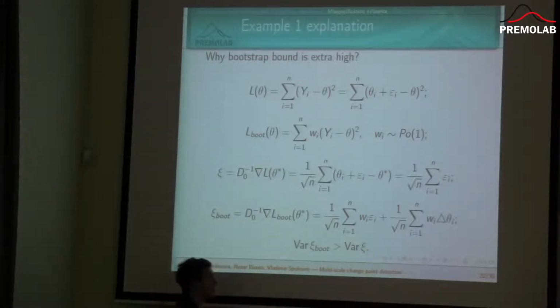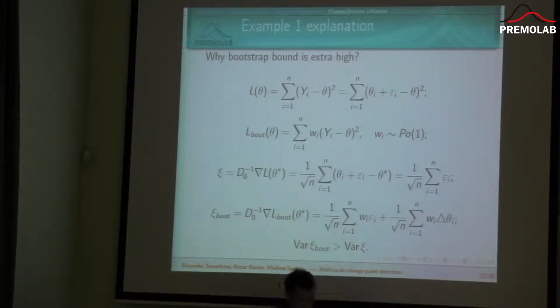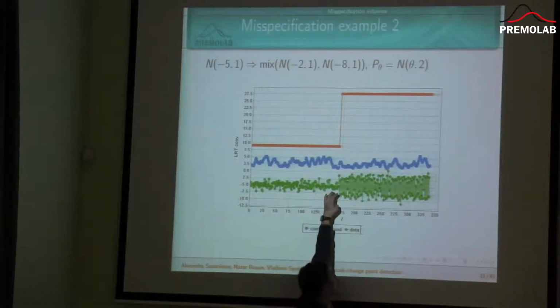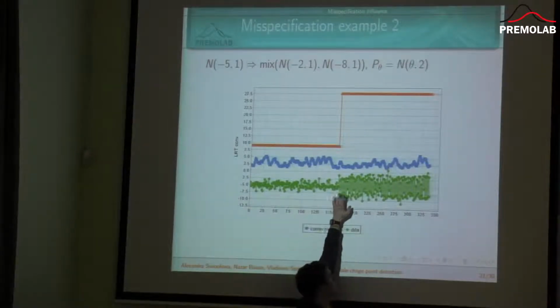So without the weights, we didn't notice this fluctuation in the parameter. It corresponds to the picture when we change parameter theta, which is the mean, around the mean value.